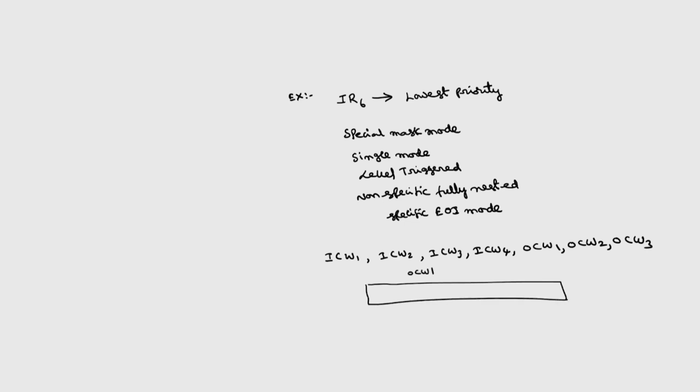OCW1, suppose I want to mask IR4. So this is D0, D1, D2, and so on up to D7; these are M0, M1, M2, M3, M4, M5, M6 and M7.